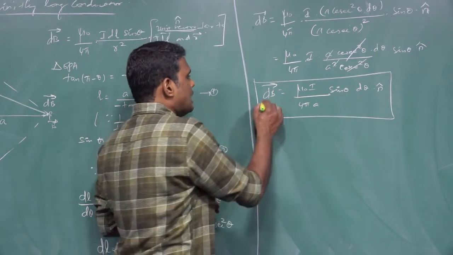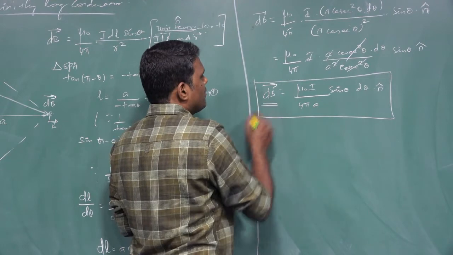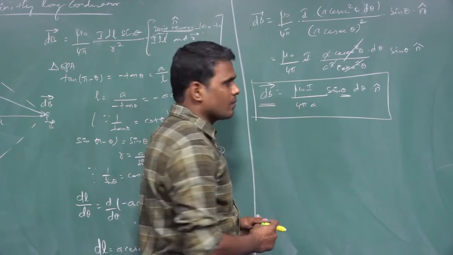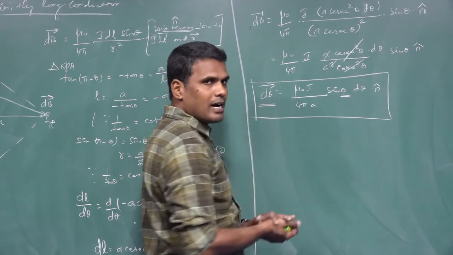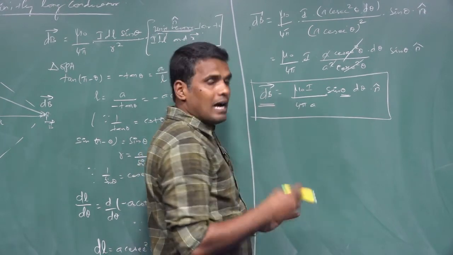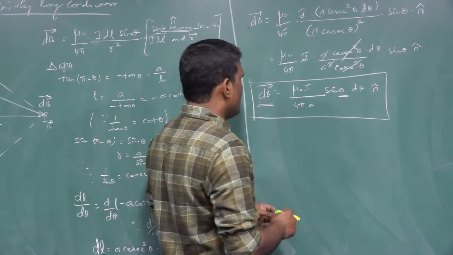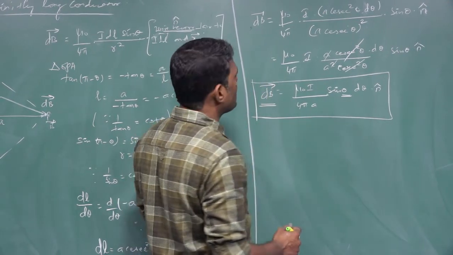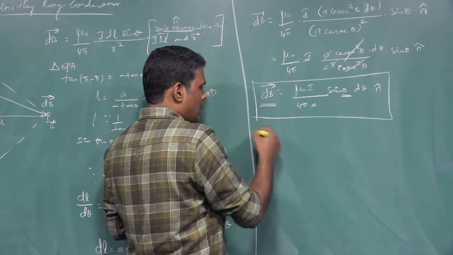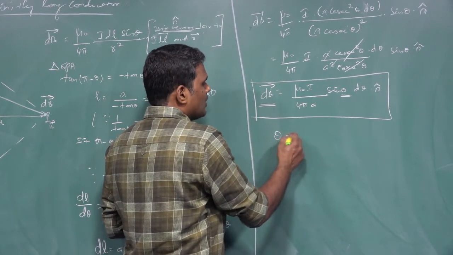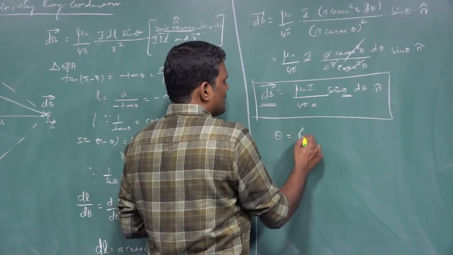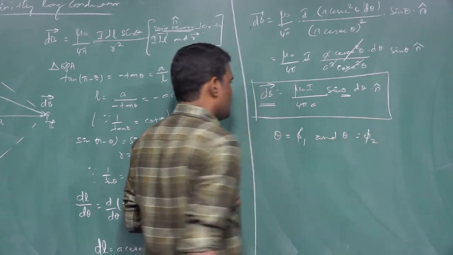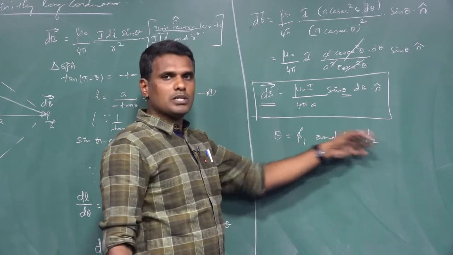Note, we expressed the magnetic induction in terms of the angular coordinate theta. In order to determine the total magnetic induction B at the point P, we have to integrate between the limits of theta, starting at phi 1 and ending at phi 2. So we have to integrate between the limits phi 1 and phi 2.